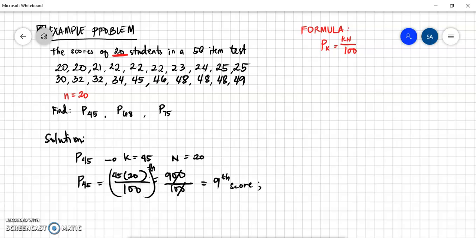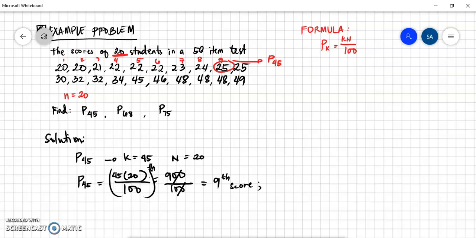And the 9th score from the distribution, itong distribution natin is na-arrange na siya from least to greatest or in an ascending order. So, our 9th score, let's count. 1, 2, 3, 4, 5, 6, 7, 8, 9. So, this is our P sub 45. This is our 45th percentile.